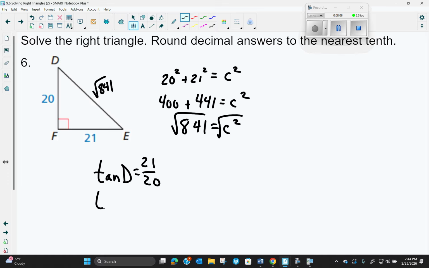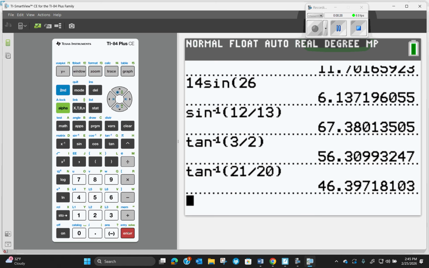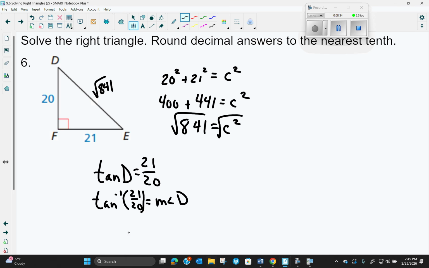Or inverse tangent of 21 over 20 is equal to the measure of angle D. So in your calculator, second tangent 21 divided by 20 gives me an angle measure of 46.4. So D is 46.4. Therefore, this is 43.6. There you go. That is solving a right triangle.